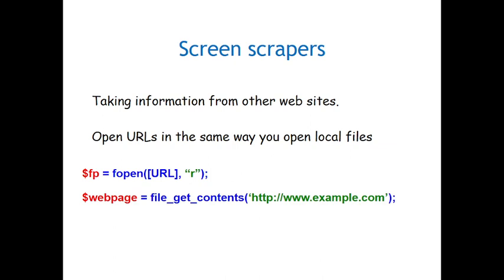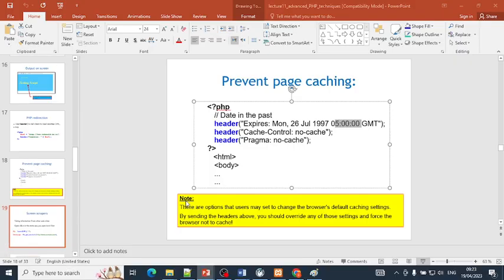And this method, file_get_contents, we have already seen. What is there in your file? That is, you are going to scrape it. You are opening the website, and that page is how many bytes? Using this method.